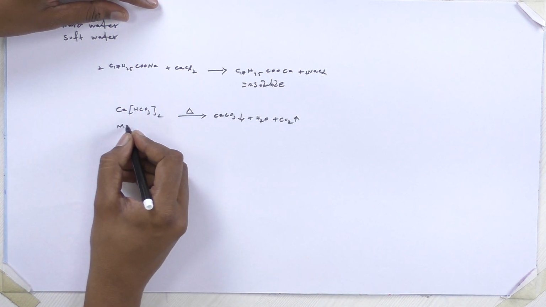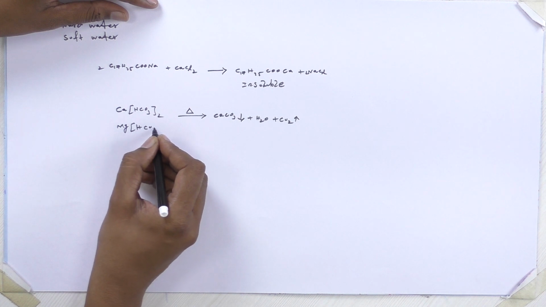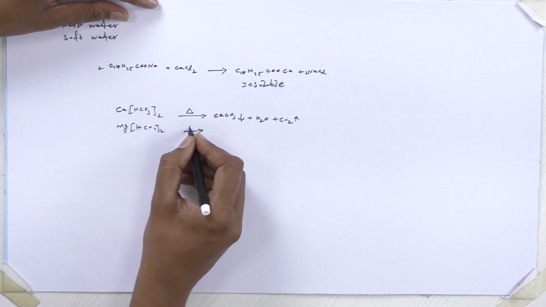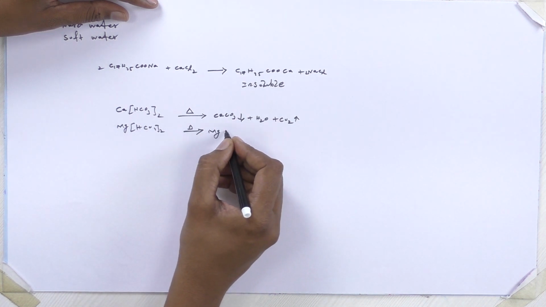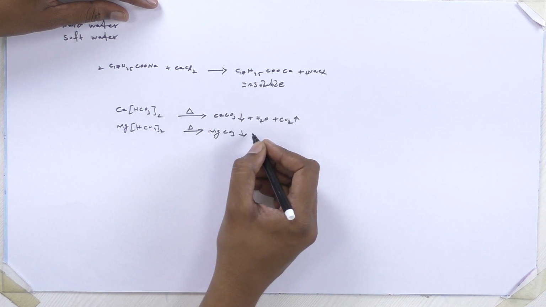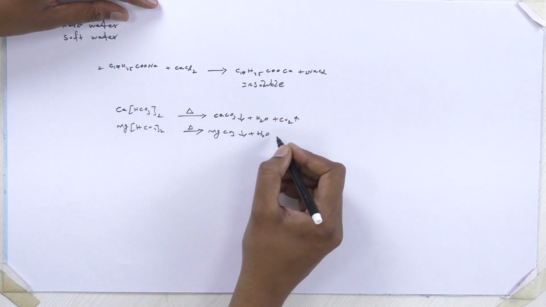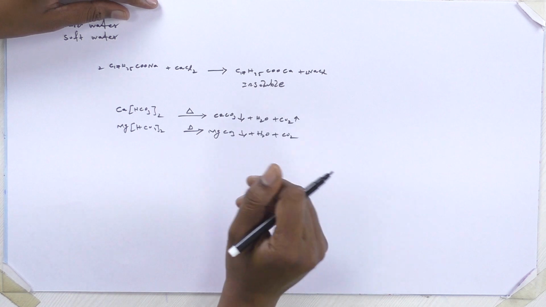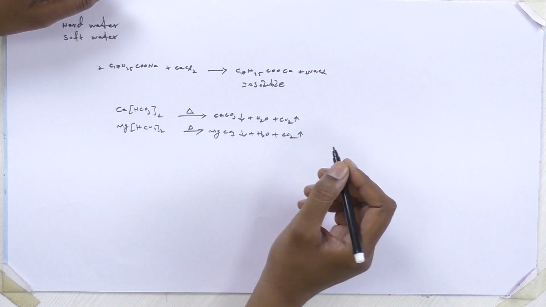Even magnesium bicarbonate, at the time of boiling, is converted into magnesium carbonate. It is also going to settle down. So, we can easily remove the temporary hardness.